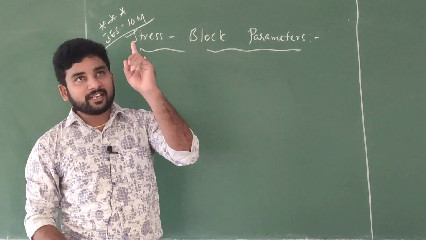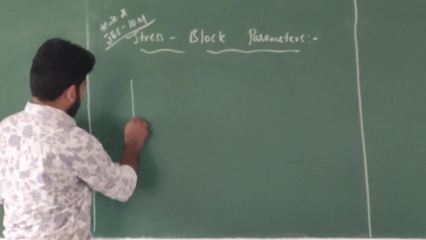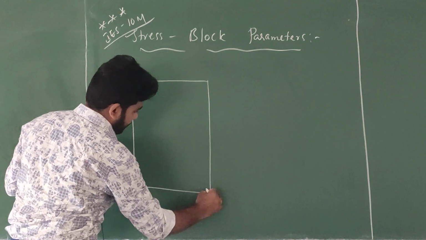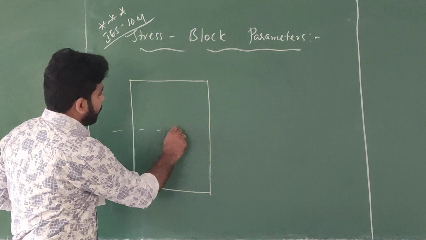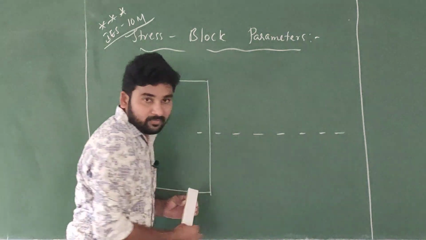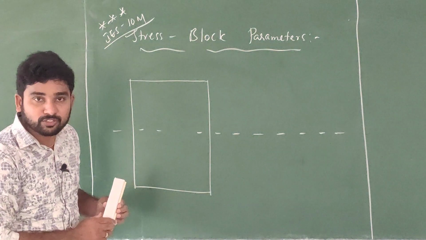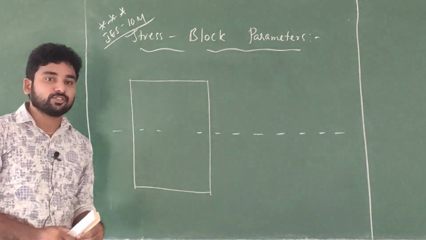If you cut the beam, you will see a cross section like this, having a neutral axis. Above the neutral axis is called the compression zone, and below the neutral axis is called the tension zone.